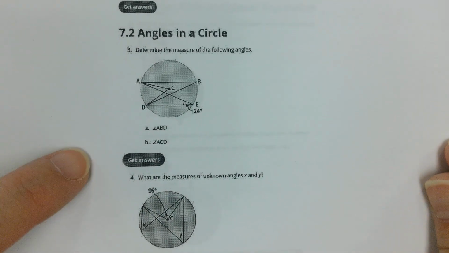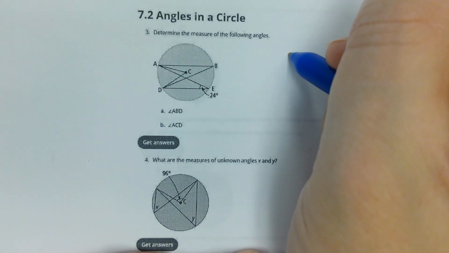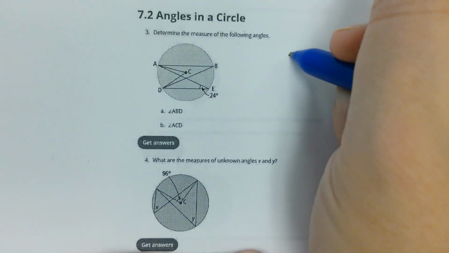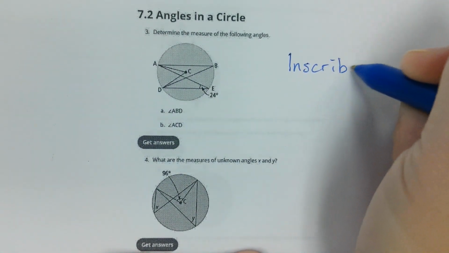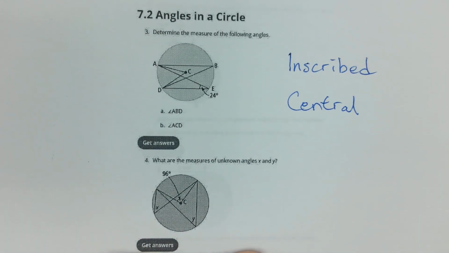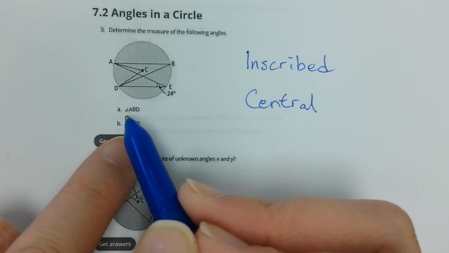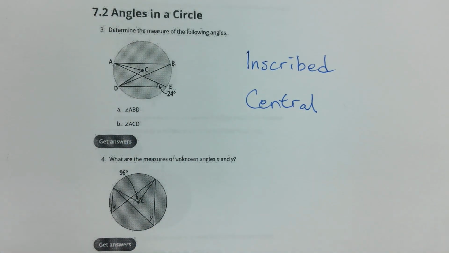Okay. Angles in the circle. What are these angles called? Inscribed and central. Okay, inscribed angle, central angle. By the way, ABD. Some people were asking me about this question on the last test.